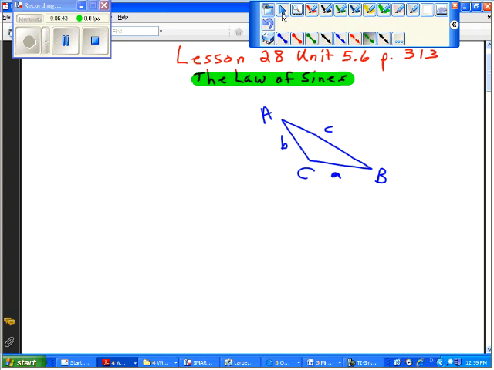Now, the law of sines works when what you're given is in the order angle, angle, side, or angle, side, angle. This is important. The law of sines works in a non-right triangle when what you're given is in the order angle, angle, side, or angle, side, angle.